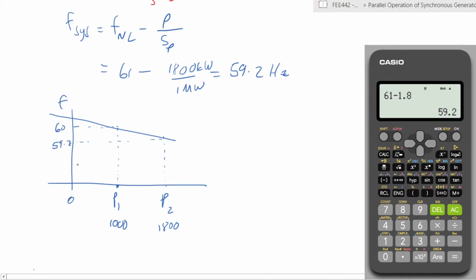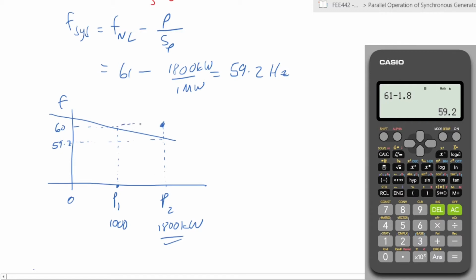So what do you need to do in order to get the machine to operate or to supply 1800 kilowatts, but at a frequency of 60? So you need to change your set point such that the P itself is at this point, right?